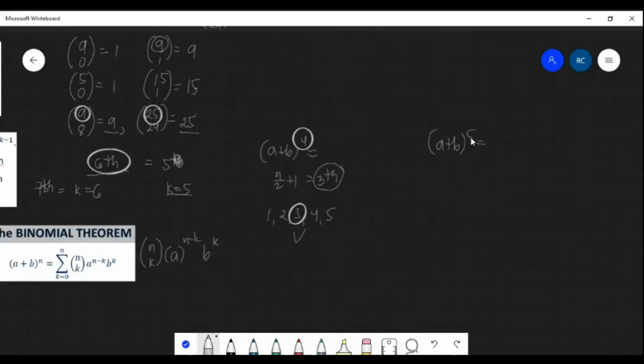So, kung 5 ito, ilang terms yung mangyayari? Okay, 6. 1, 2, 3, 4, 5, 6. So, yung gitna niyan, ito. Pero, syempre, paano mo malalaman kapag marami na ito? Halimbawa, 25. Medyo marami. So, gagamitin natin yung formula na yon.